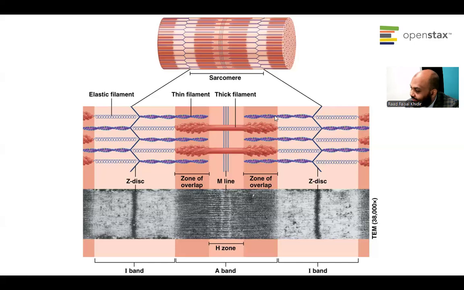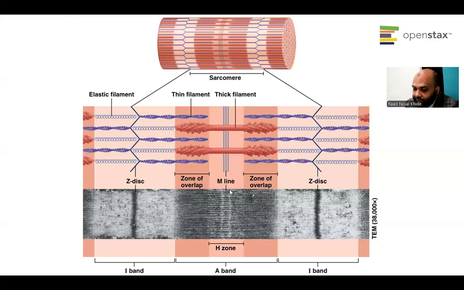Tropomyosin and the troponin. But when calcium comes in, it's going to remove it, and then the golf head is going to go perform the contraction.